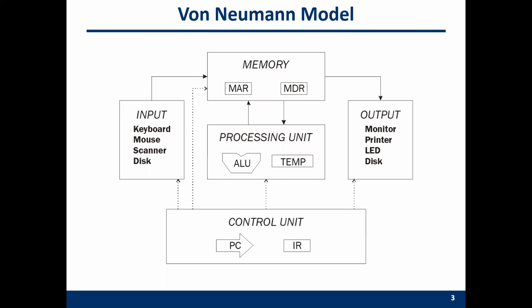Now, the major part of this architecture is the processing unit. Typically, it's your CPU, and then you have the memory. Typically, it's DRAM. You have input, disk, keyboard, scanner, and then you have a monitor, LED, and a disk.